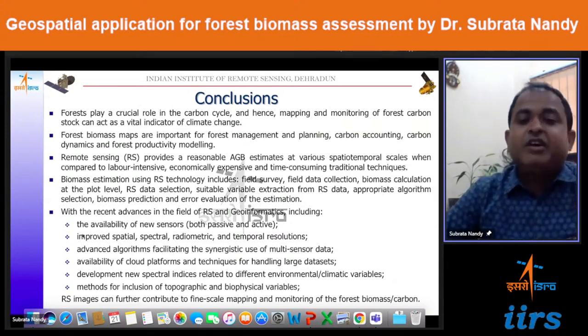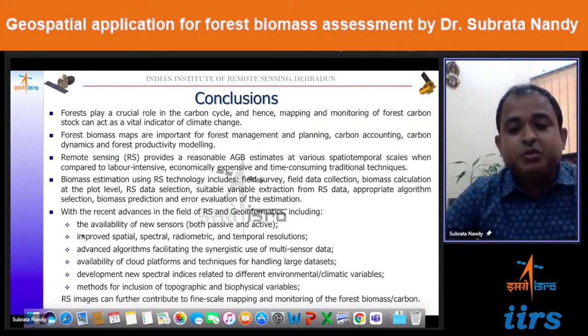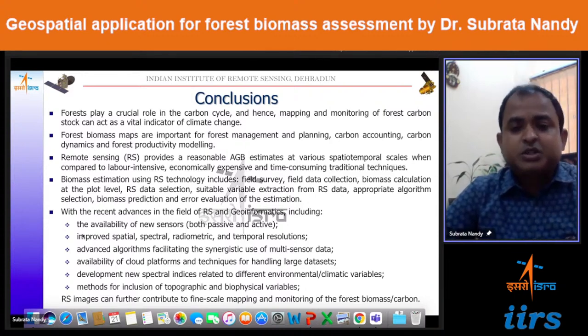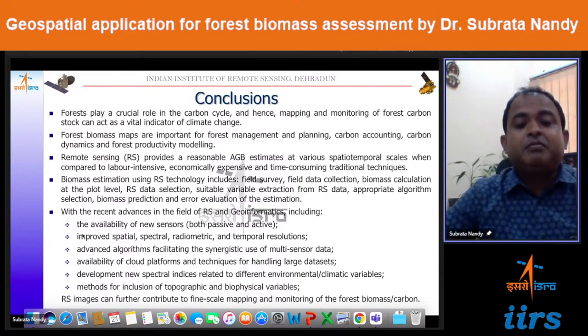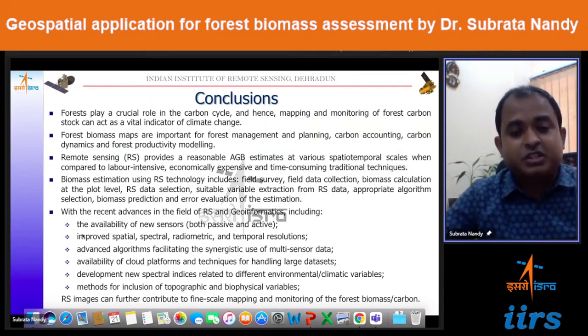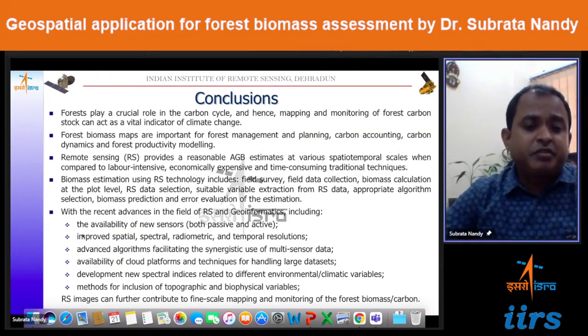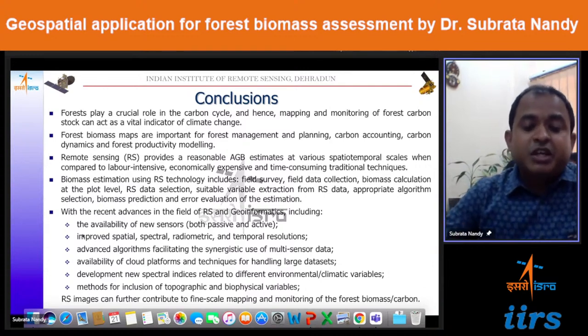And with the recent advances in remote sensing and informatics, like the availability of new sensors in both passive and active domains, and improved resolutions, be it spatial, spectral, radiometric or temporal, there are also advanced algorithms. It is not only the available data; the method or approach by which you integrate them also needs modification.